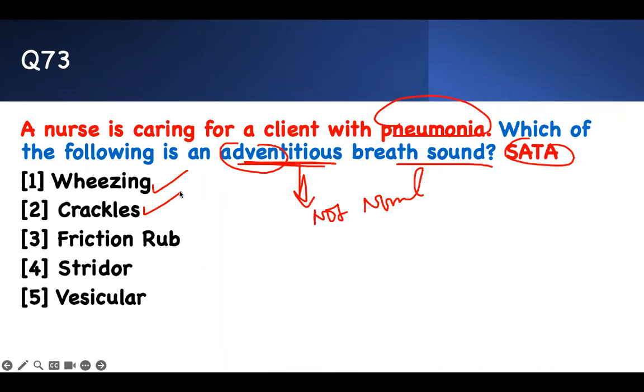When you have crackles, it's not a normal breath sound. When you have friction rub, it's not a normal breath sound. When you have stridor, it's not a normal breath sound. Vesicular is normal. Adventitious means something in the lung itself, the parenchyma and the tracts. So these 1, 2, 3, and 4 are all adventitious breath sounds.